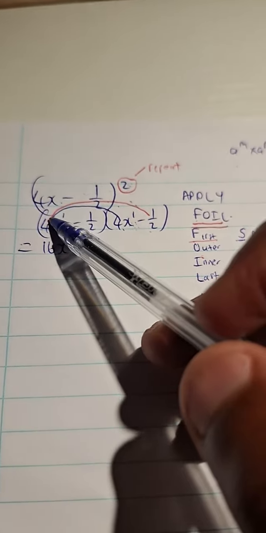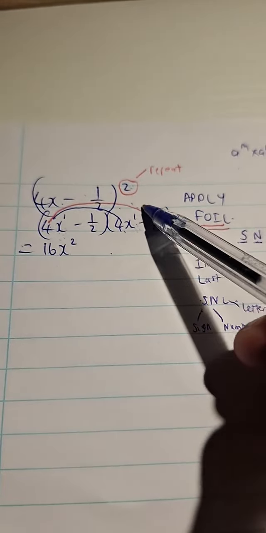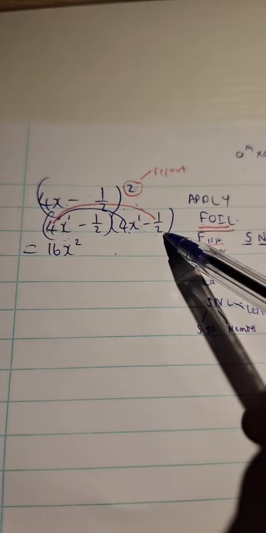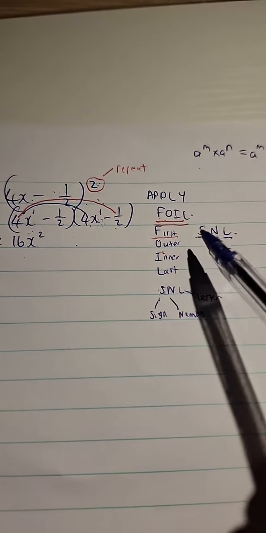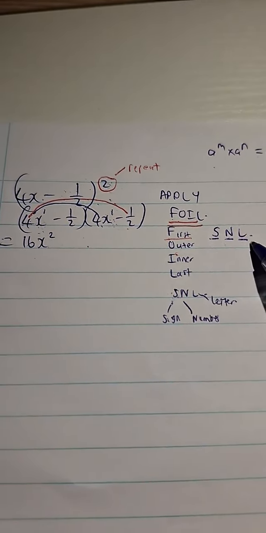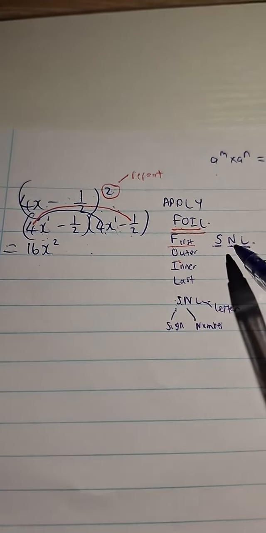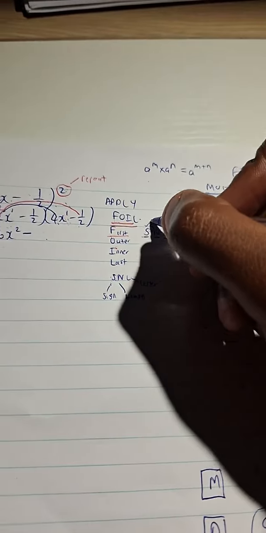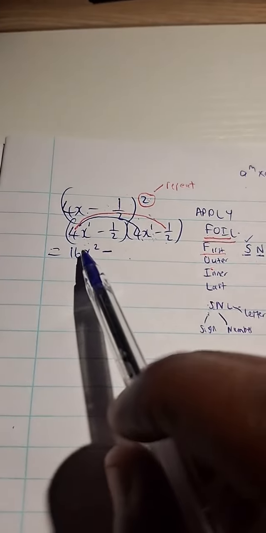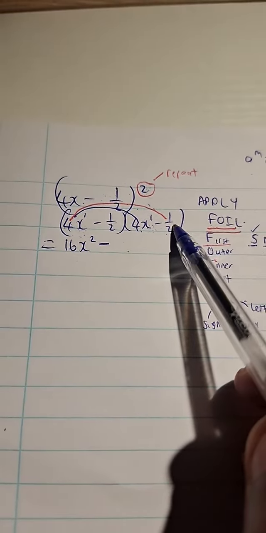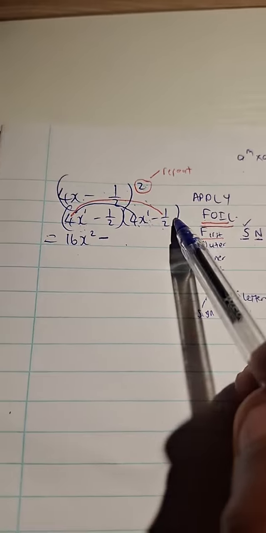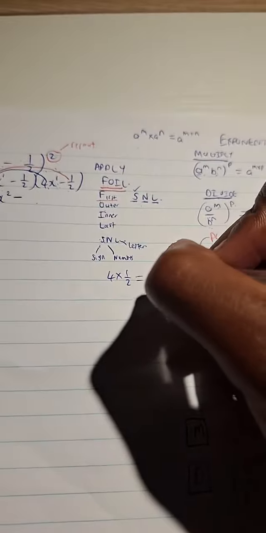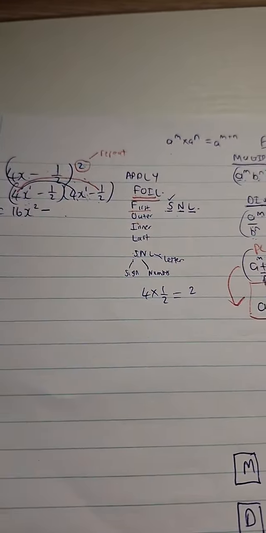Then we move on. We take the same 4x, and now we are going to multiply with a negative half, applying S and L. So let's first multiply the sign. What is a positive times a negative? That gives us a negative. Sign is sorted. We move on to the number. What's 4 times half? You see, it becomes easier when you look at it that way. 4 times half is actually equal to 2.